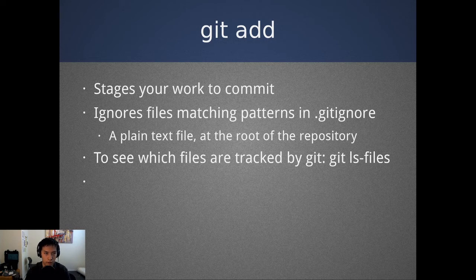Any files matching the patterns in the .gitignore file won't be committed. Let's say in the .gitignore I have one line that says star.txt, and any .txt files will be ignored. So if I say git add star, I won't add any files ending in .txt.